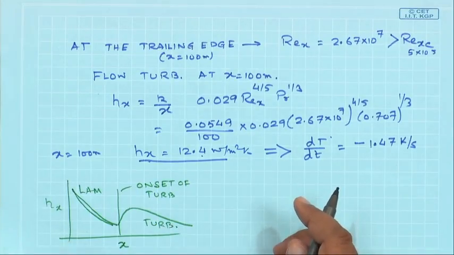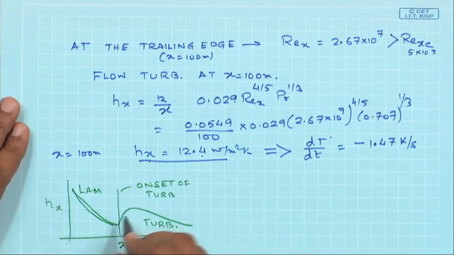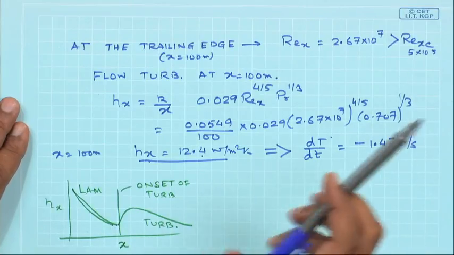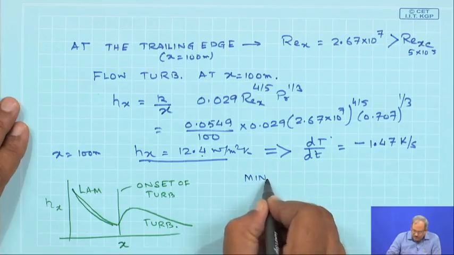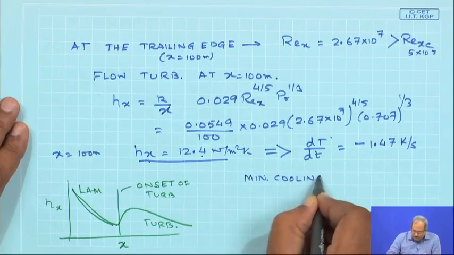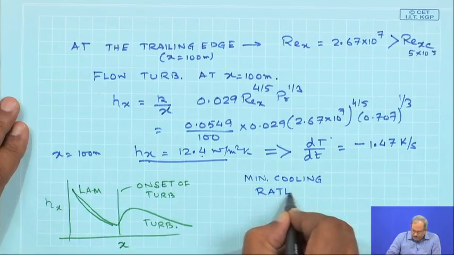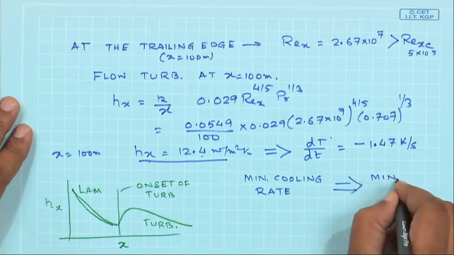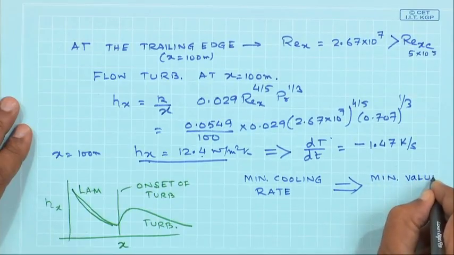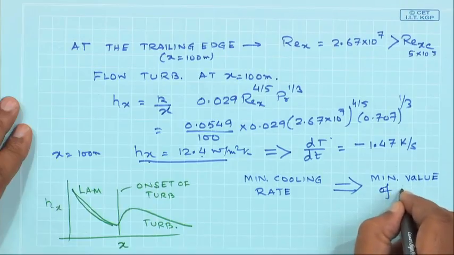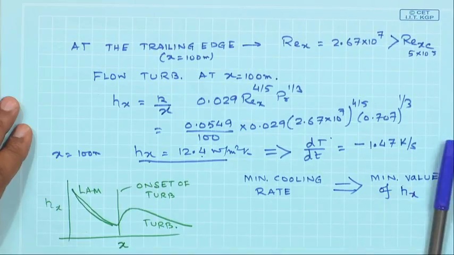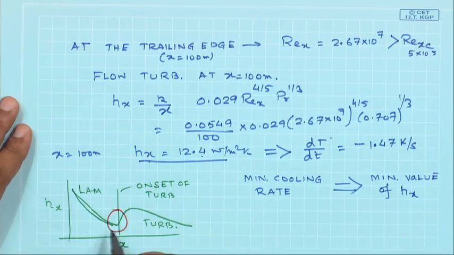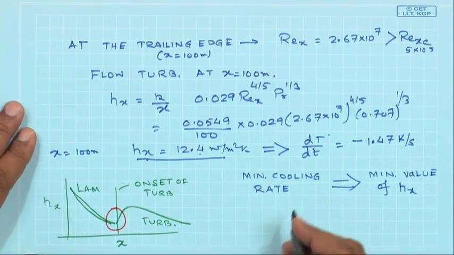As you can clearly see over here, the minimum cooling rate is associated with the minimum value of h_x. The minimum value of h_x is going to be somewhere in this region where the transition from laminar to turbulent takes place.